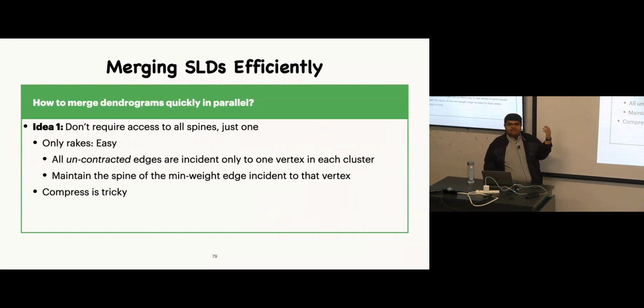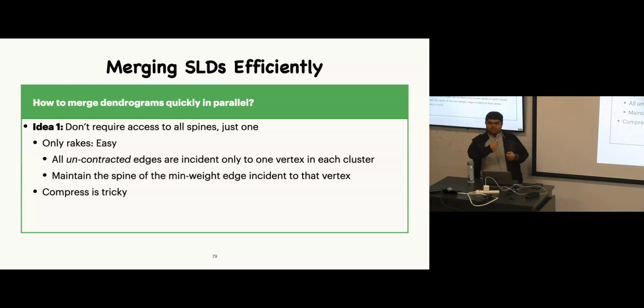So that's what motivates the first thing. It turns out that whenever we are performing rakes and compresses, we don't need to store or require access to all the spines of that subtree; all we need is one particular spine. To prove this, think of the case where in tree contraction we are just doing rakes.